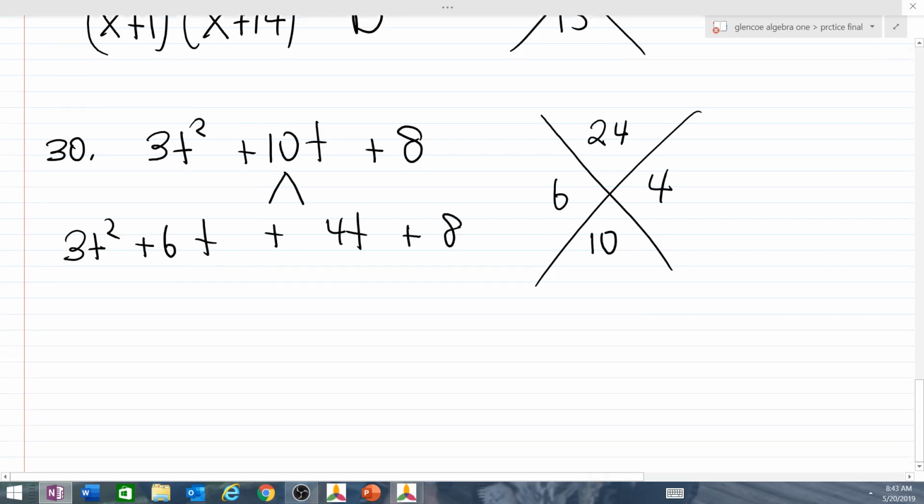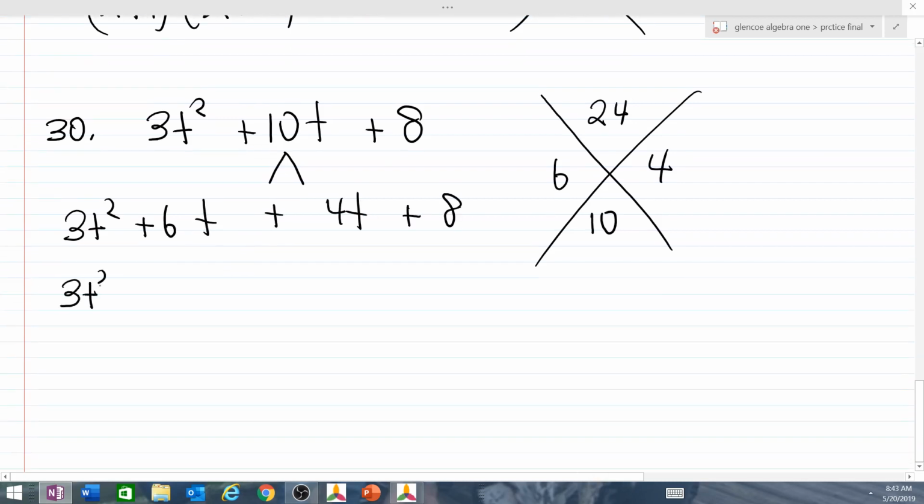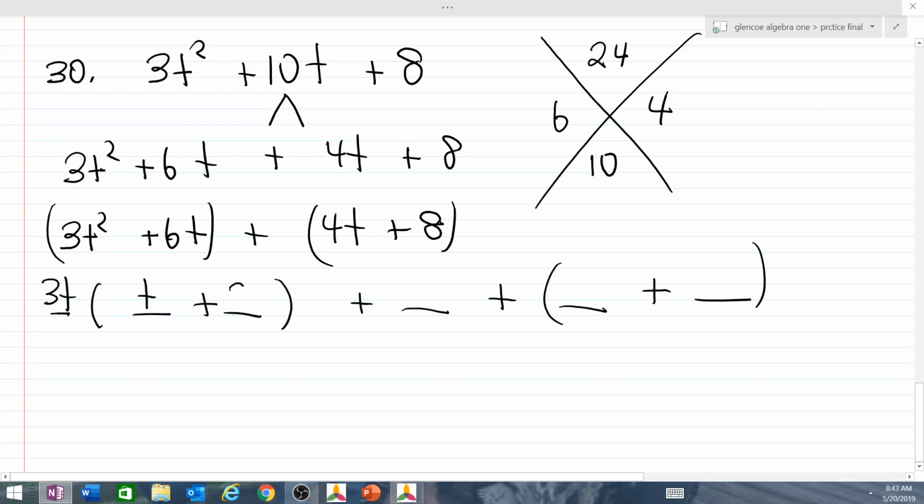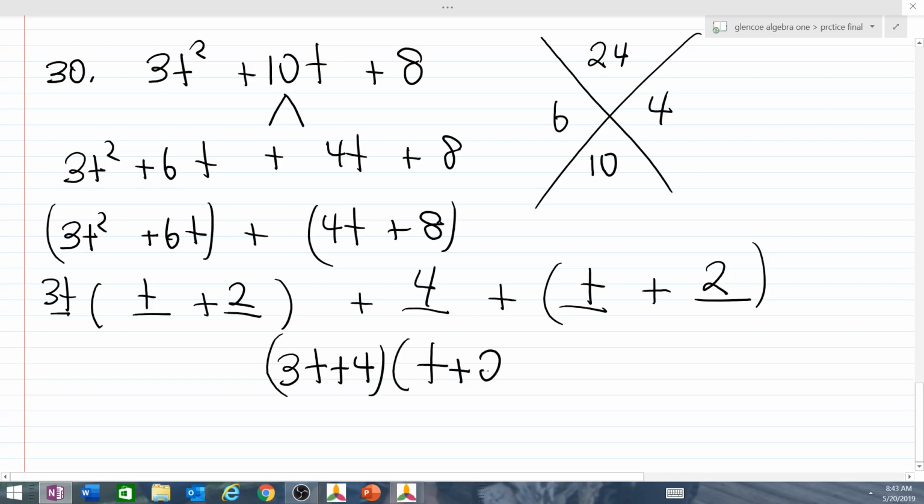Now you factor by grouping. Final answer, 3t plus 4 times t plus 2, which should be choice what?